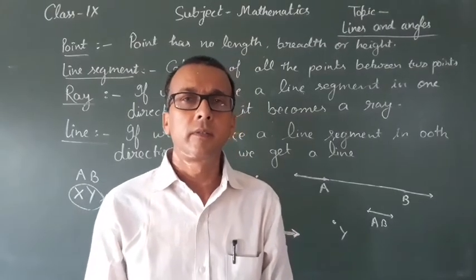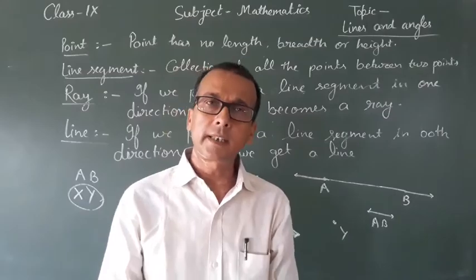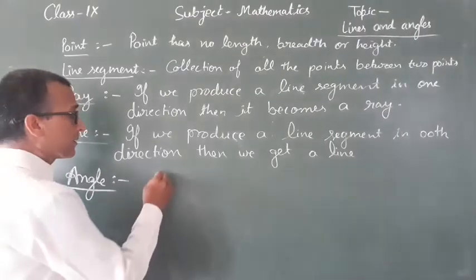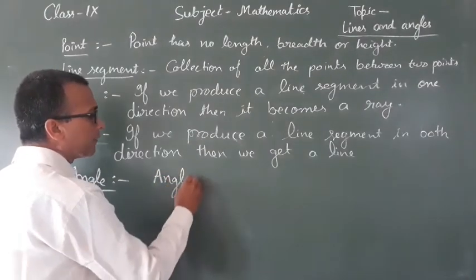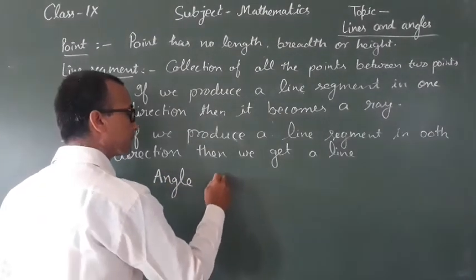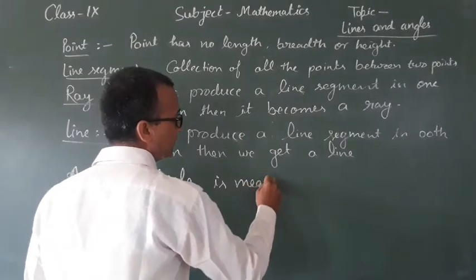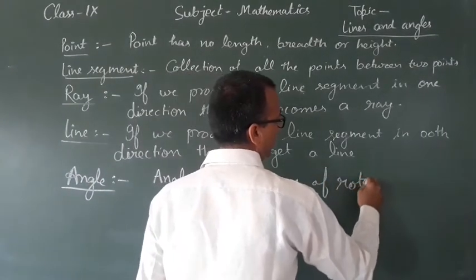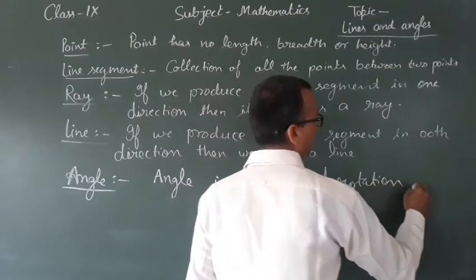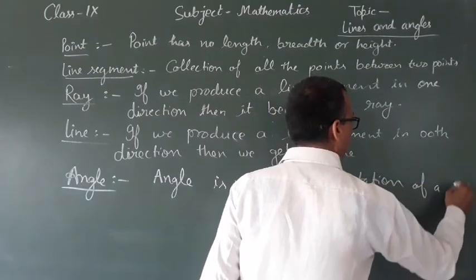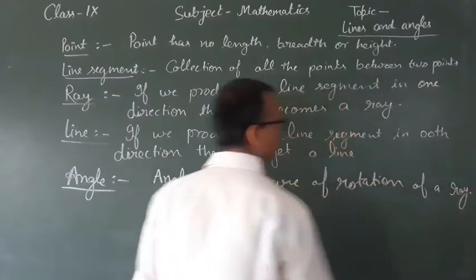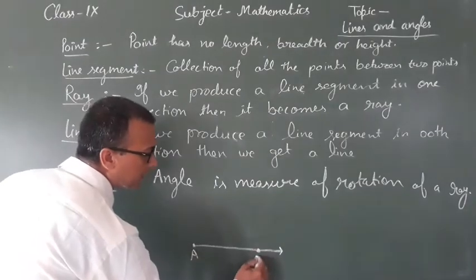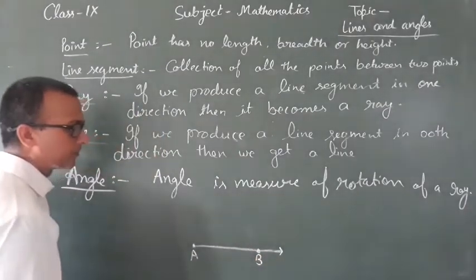Now we will define what is an angle. Angle is the measure of rotation of a ray. Consider this is ray AB.